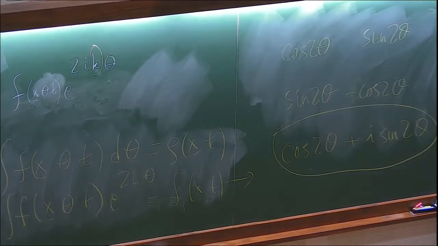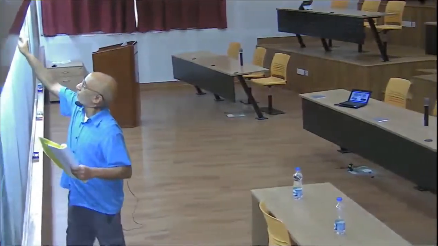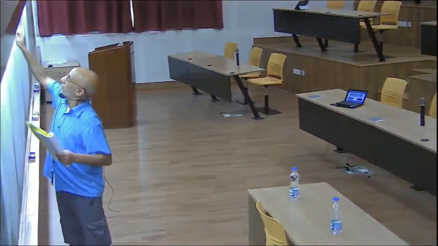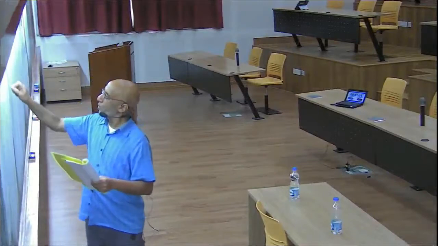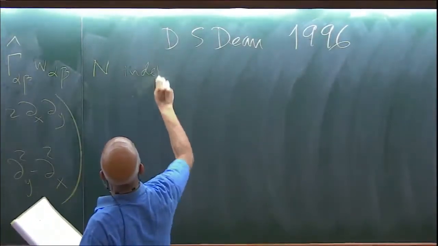All right. Supposing we take the simpler problem of just particles diffusing, independent Brownian particles diffusing. Then David Dean showed some 20 years ago the following. So you have n independent particles.